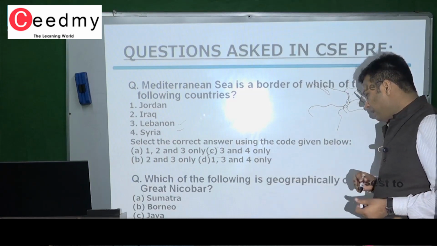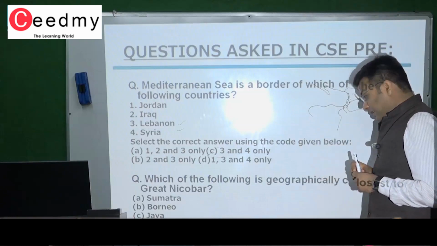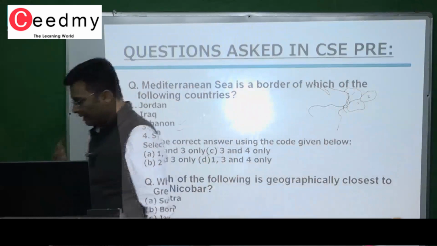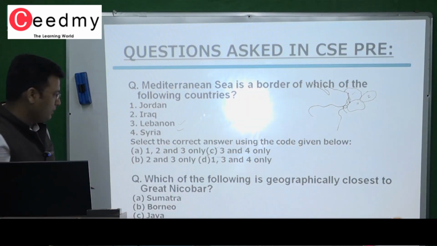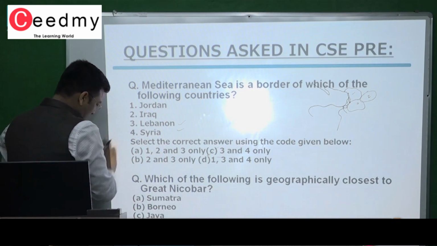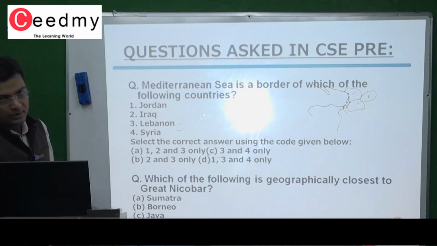Which of the following is geographically closest to Great Nicobar Island? If you know the location of Great Nicobar Island, first of all Andaman and Nicobar Islands, and then the location of these countries, you can easily get the answer.